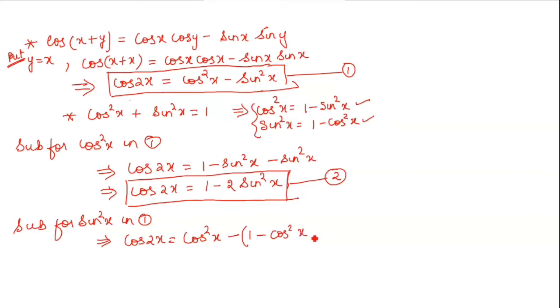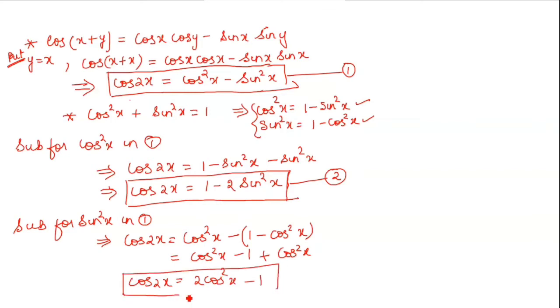Close the bracket. Now open the bracket, check what your answer is. So you're getting cos square x minus 1 minus minus plus cos square x. So we got another formula. That is cos 2x is equal to cos square x plus cos square x minus 1. So you're getting 2 cos square x minus 1. So this is your third formula for cos 2x.